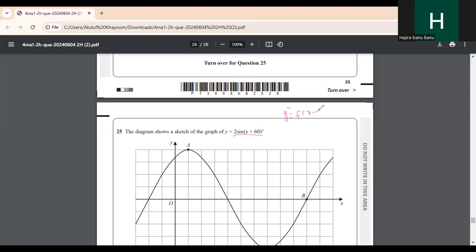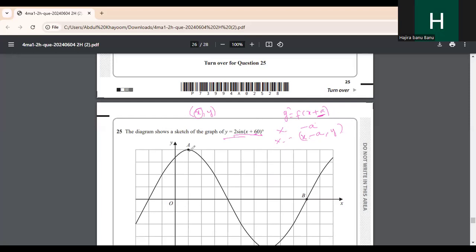I said that for f of x plus a, if this plus a is inside the bracket, then we subtract a from the x coordinate. Suppose I have a point (x, y); from the value of x we subtract a and y remains the same. So the new point will be (x minus a, y) if a is inside the bracket. The same rule we are going to apply here.